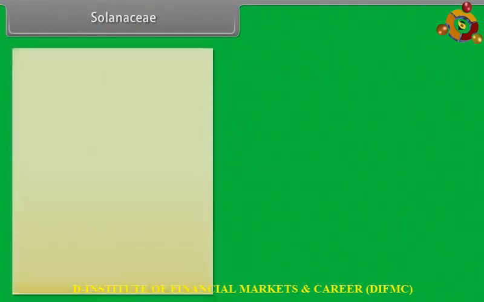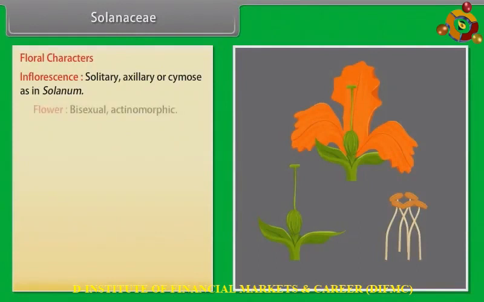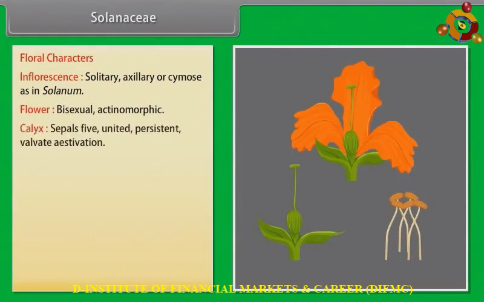Floral characters. Inflorescence solitary, axillary or cymose as in Solanum. Flower bisexual, actinomorphic. Calyx, sepals 5, united, persistent, valvate aestivation. Corolla, petals 5, united, valvate aestivation.